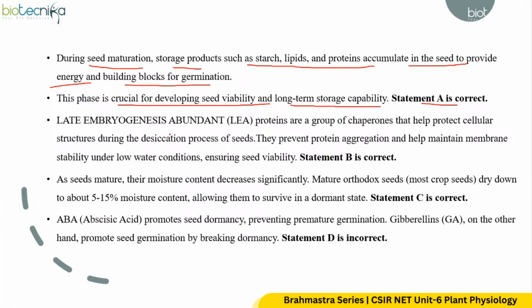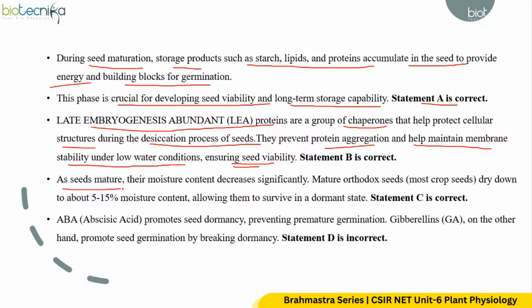One such example is the LEA proteins. These are a group of chaperones which protect the cellular structure during the desiccation process of seeds. They prevent protein aggregation and help maintain membrane stability even under low water conditions, ensuring the seed viability. So that is also correct.